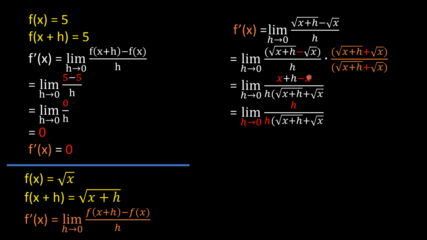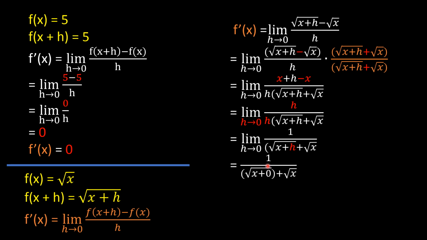X minus x will become 0 and only h will be left. Now this h will get cancelled with this h because as h approaches 0, h is not equal to 0. Now we can calculate this limit by substituting h equals 0.